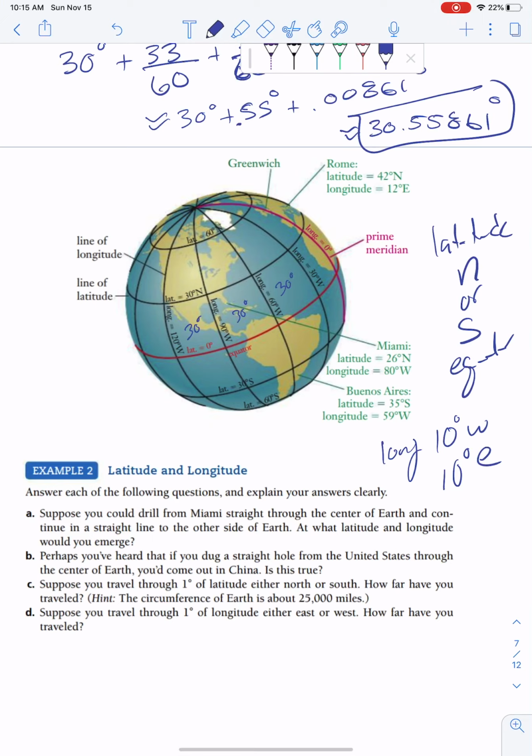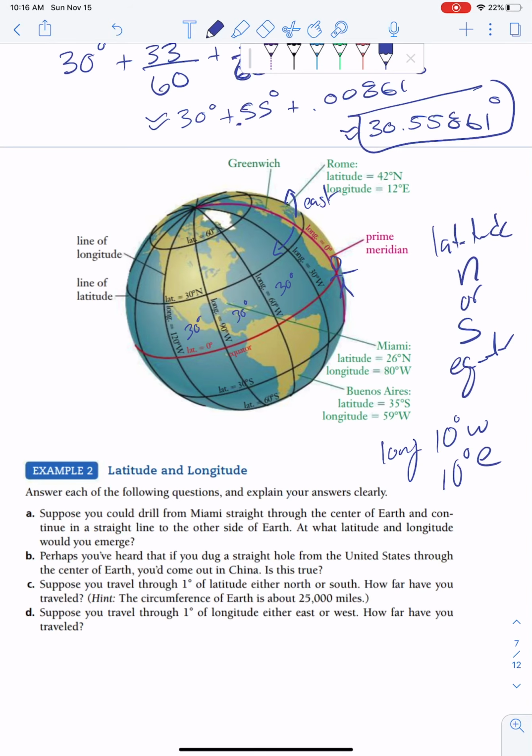There are smaller lines in between. But with our longitude, with our east and our west, we start at the prime meridian. If I go this way, I'm going west. If I go the other direction, I'm going east. If you imagine that you were standing right here looking at the earth, you've got east and west.